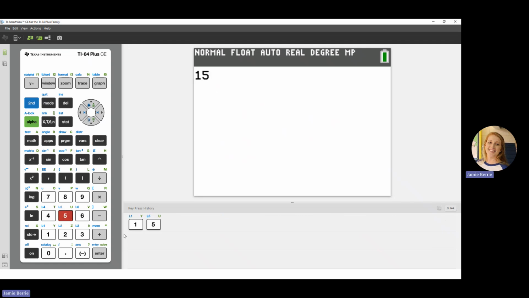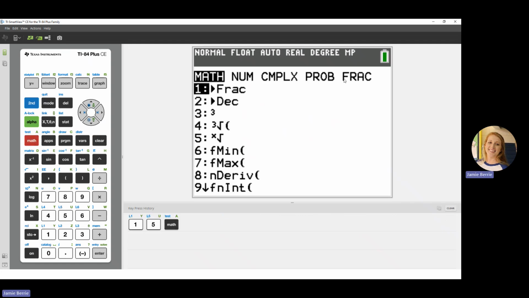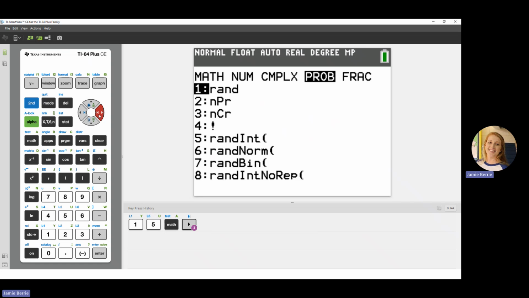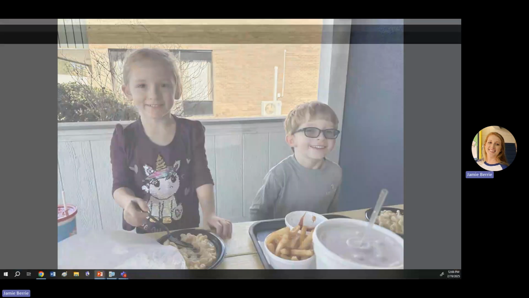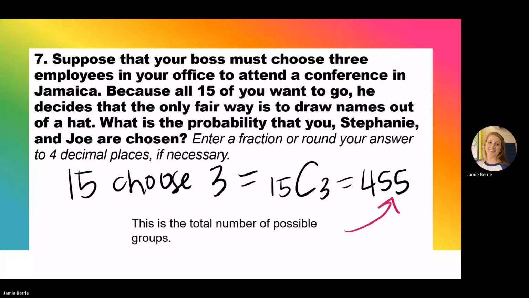Type in 15 first. Go to the math button. Go over to probability. And then choose option number 3. 15 choose 3. All right, so there are 455 possible groups that could get to go on the trip.